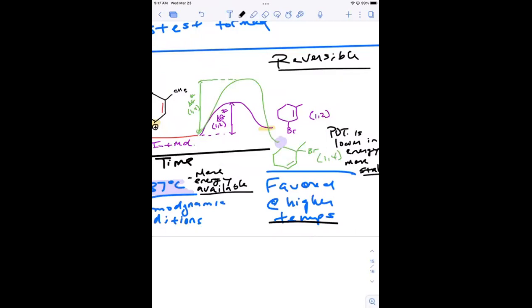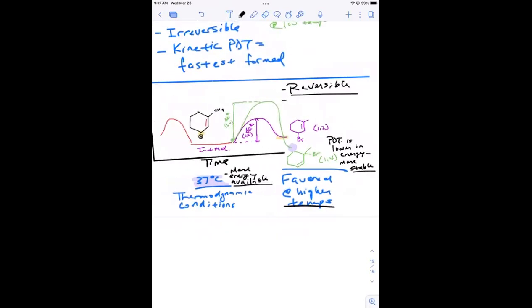So what you see under thermodynamic conditions, with the equilibrium that's established, is even the 1,2 product can revert back to the intermediate and then get converted into 1,4.